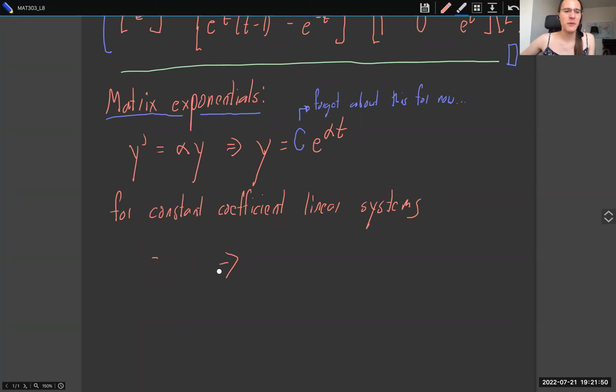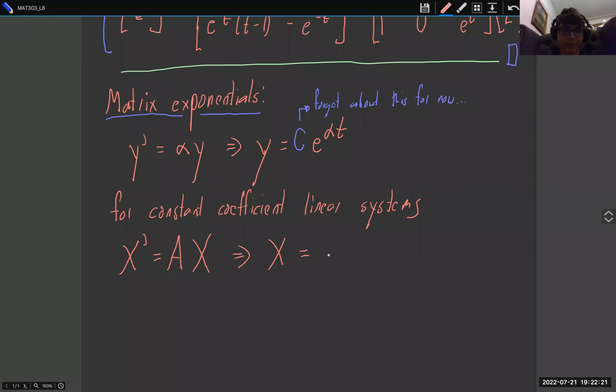Let's write it in the way that we were writing it before. The fundamental matrix is equal to its derivative is equal to ax, right? So now we're in matrix land. Therefore, it follows that the fundamental matrix is equal to what? X prime times A inverse. I mean, A inverse times X prime.